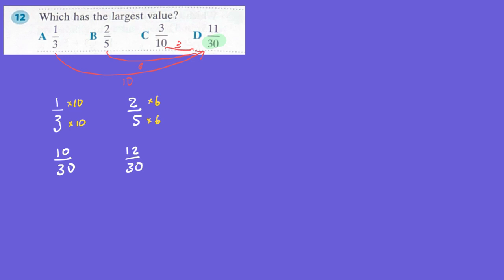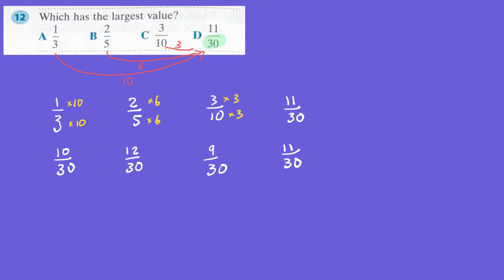And the last one is 3 out of 10, and all we have to do is multiply it by 3 and by 3, and we get 9 out of 30. Of course, the last one we don't have to do anything with, because it's already out of 30. That's 11 out of 30.